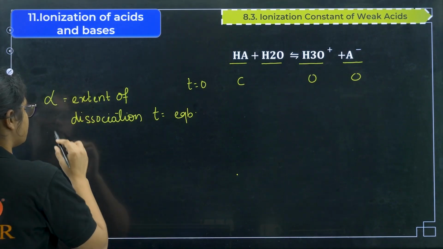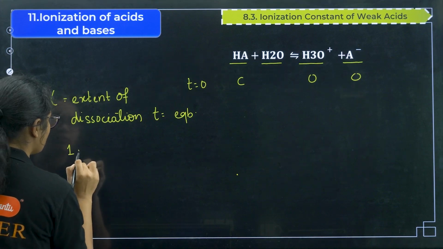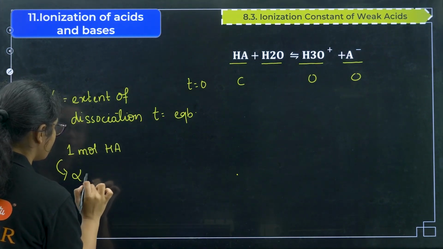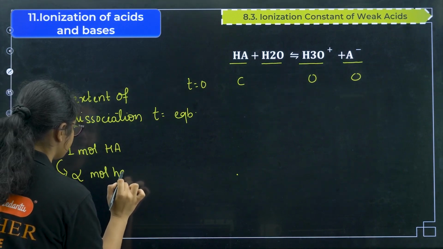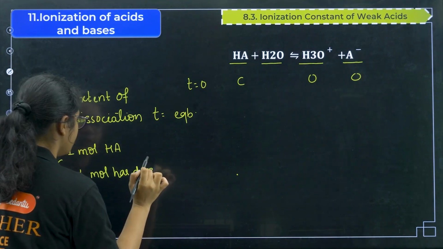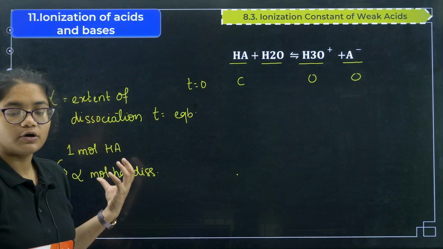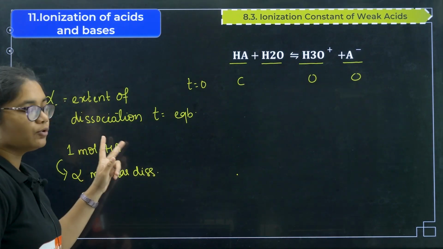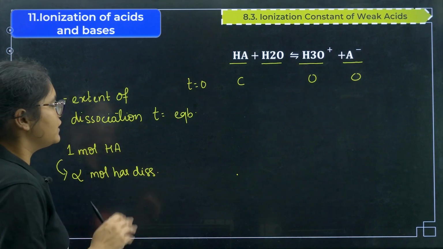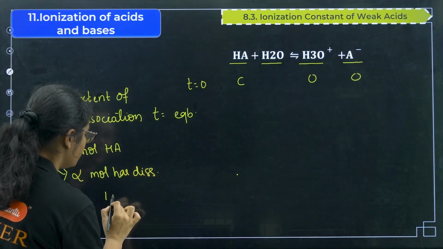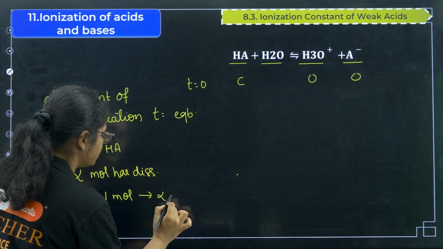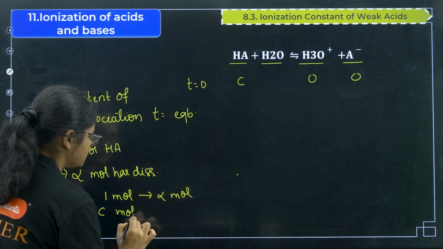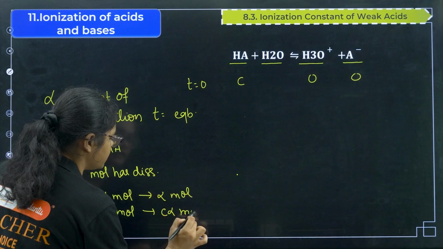If you have 1 mole of HA, from that alpha mole has dissociated. Alpha tells you the amount of acid that has dissociated from 1 mole of HA. Suppose from 1 mole alpha mole has dissociated, but we have C moles of HA, so from C moles, C alpha mole will dissociate.